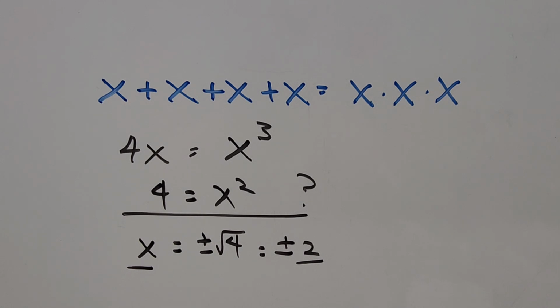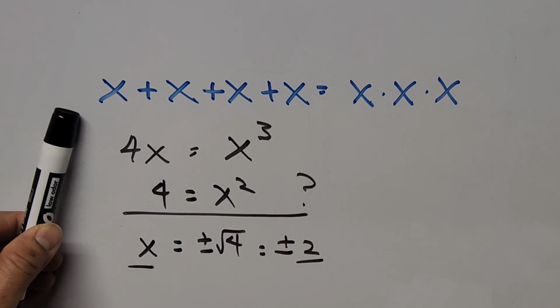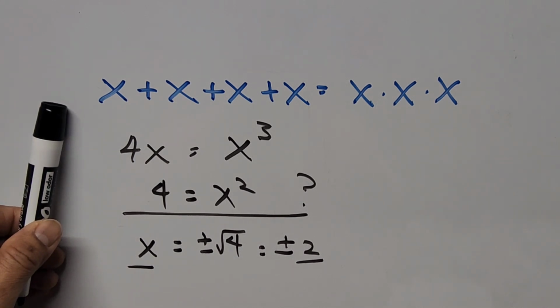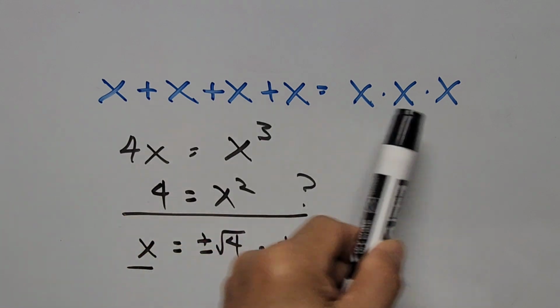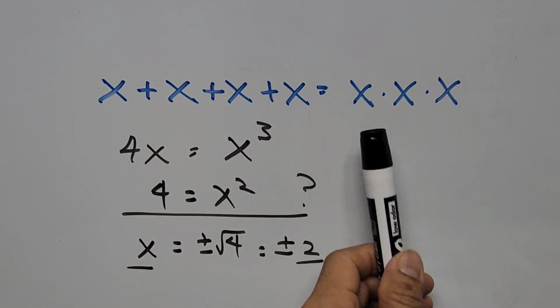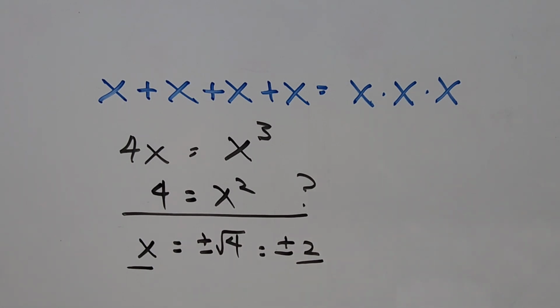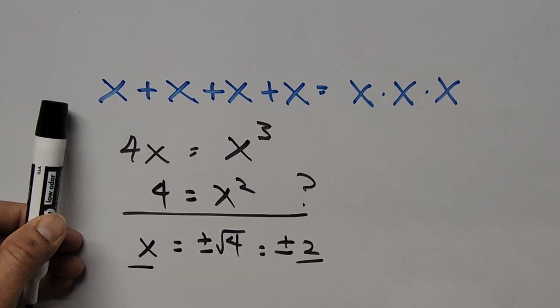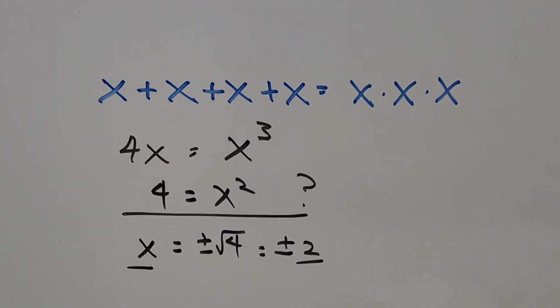If you go back to our original equation, we can have 0 also as the value of x: 0 plus 0 is 0, and 0 times 0 is 0. So 0 is one of the values of x. By solving it this way, we're missing out one solution, that's x equals 0.